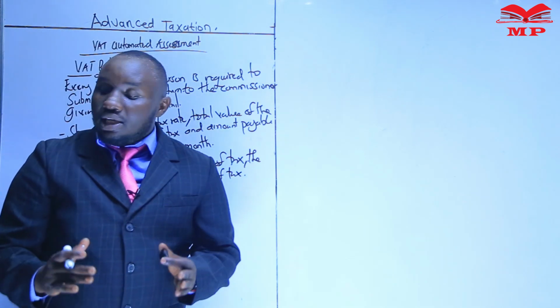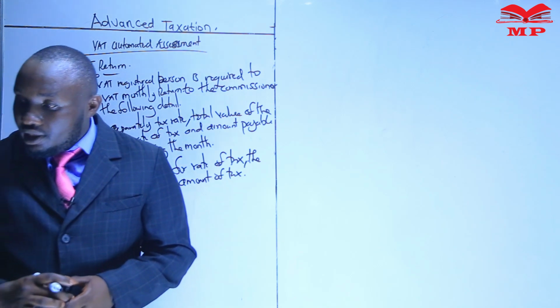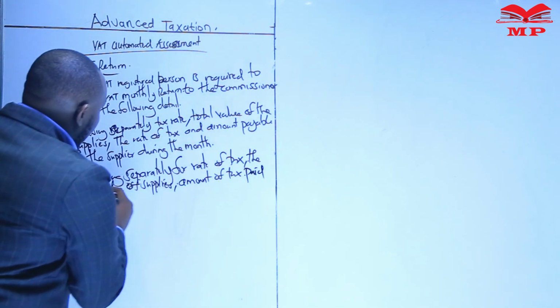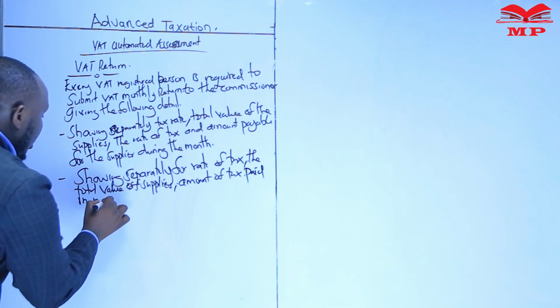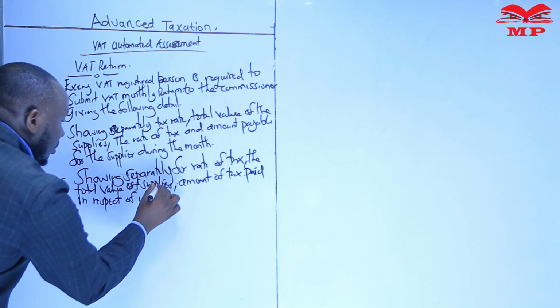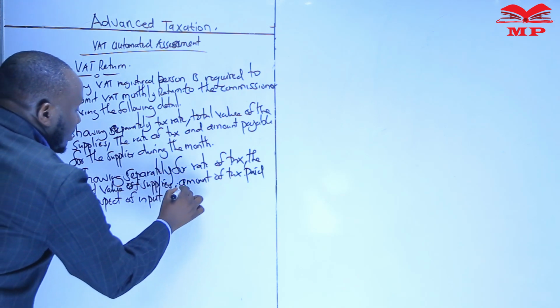We have the amount of tax on that list. Amount of tax paid in respect of input and output.